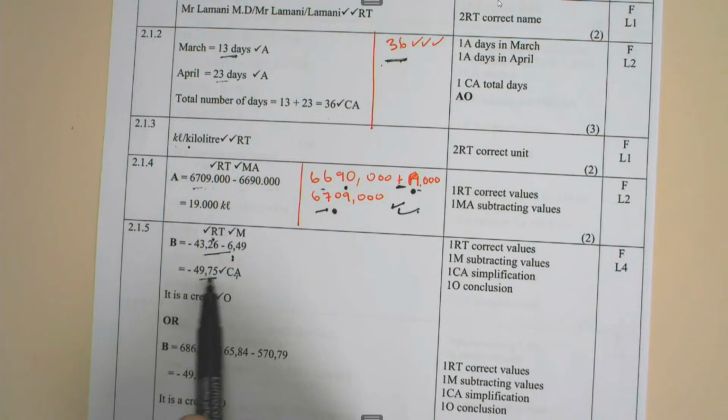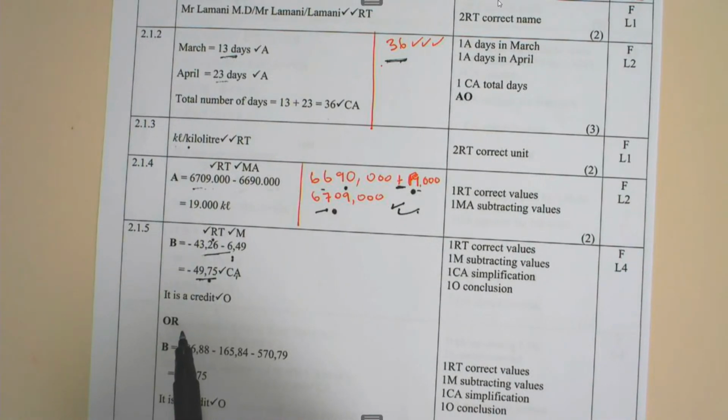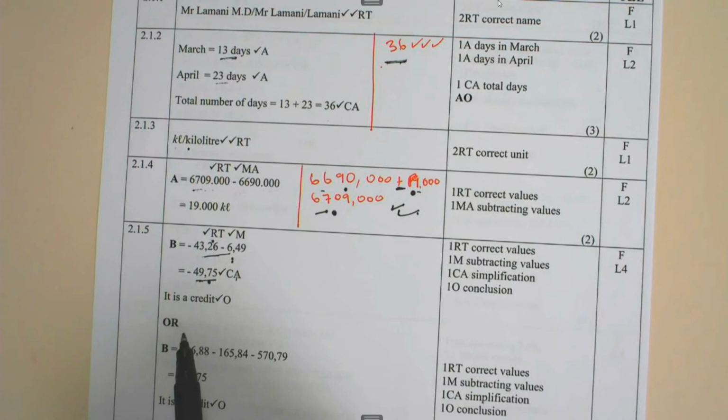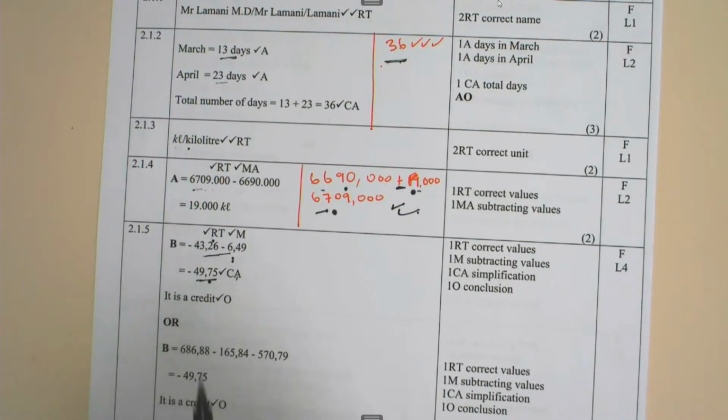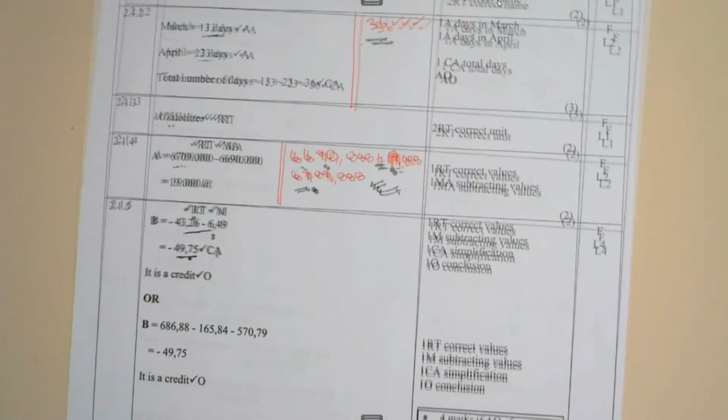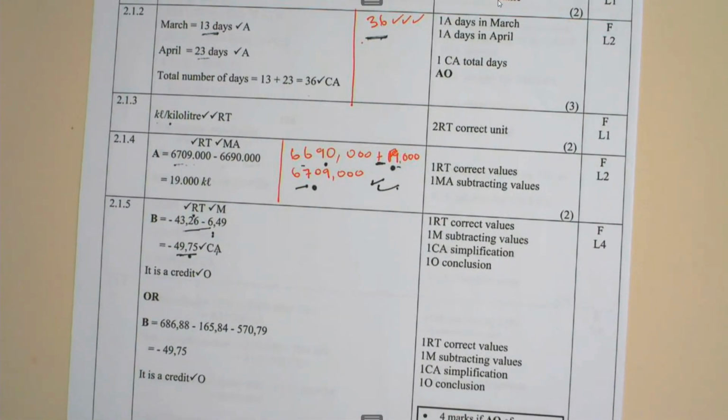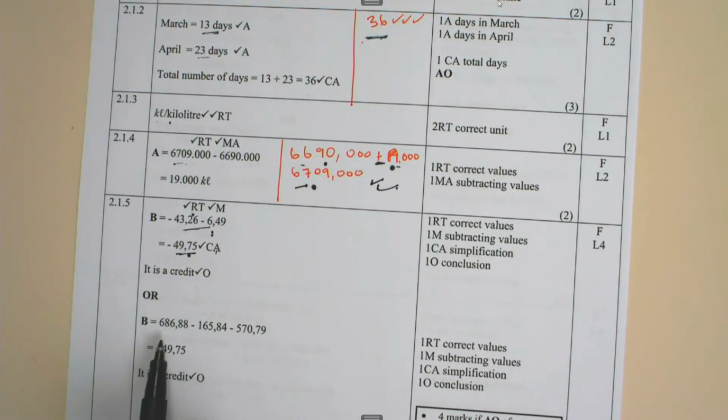And then the answer, which is negative 49,75, you see A. If one of the values is not correct, you'll see A. The other possible answer will be 686,88 minus 165,84 minus 570,79.